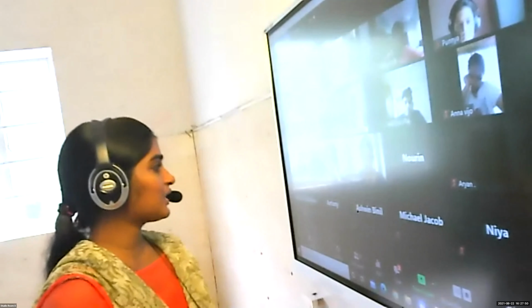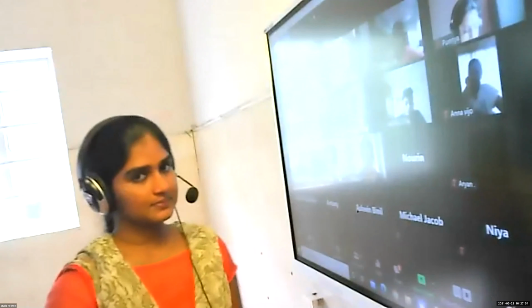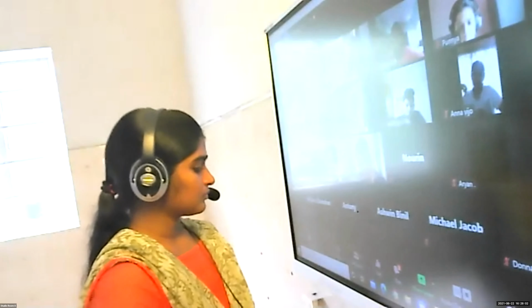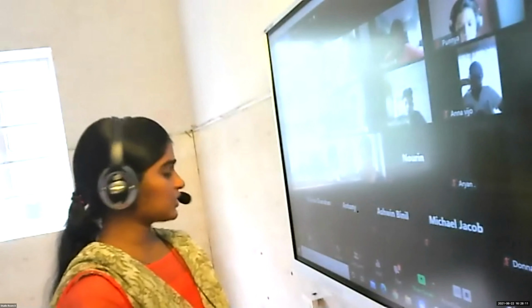Then what are the applications of Kohlrausch's law? Nandana? To calculate the limiting molar conductivity of weak electrolytes, to calculate the degree of dissociation of weak electrolytes, and to determine the dissociation constant of weak electrolytes. Okay. Then what's the equation to find out the degree of dissociation, Gauri?